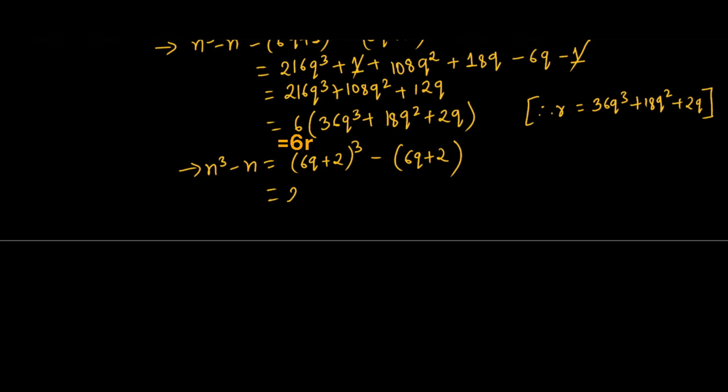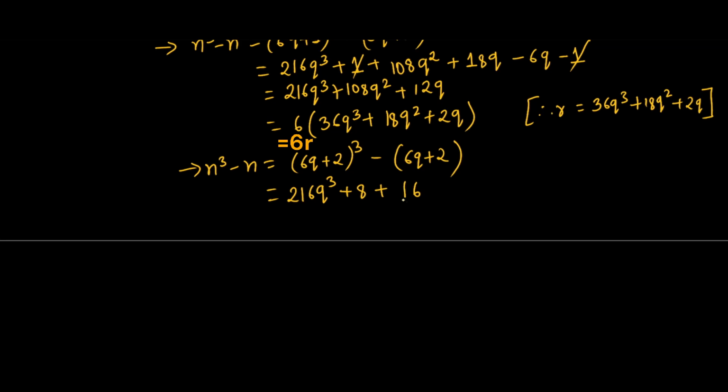So we will get 216 q cube plus 8 plus 3a square b. 3a square means 36. 36 into 3 is 108. 108 into 2 is 8, 2 times 1 is 6.